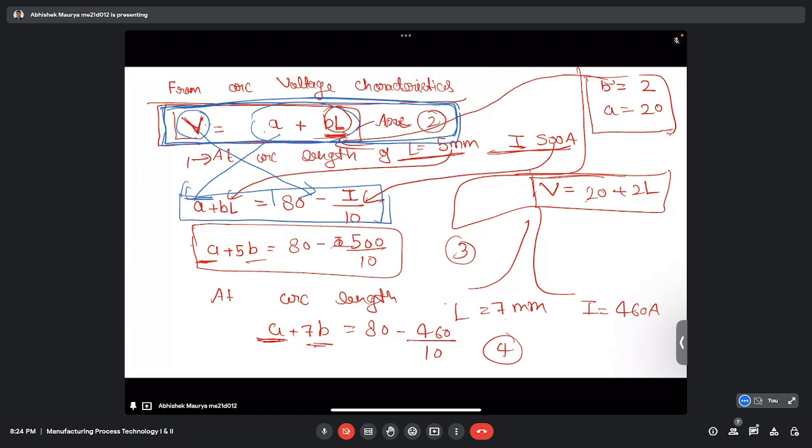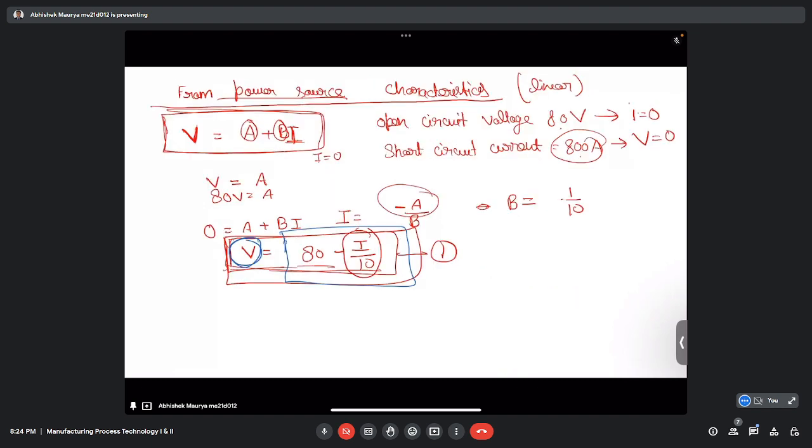My doubt is how we get that B value, 1/10. See, this equation shows a relationship between voltage and current.